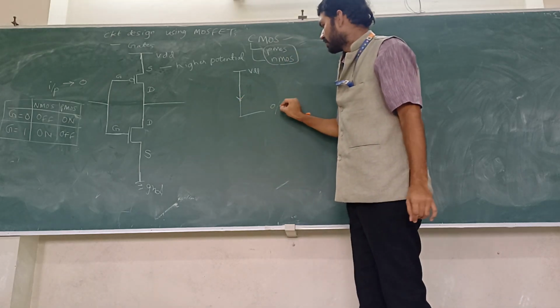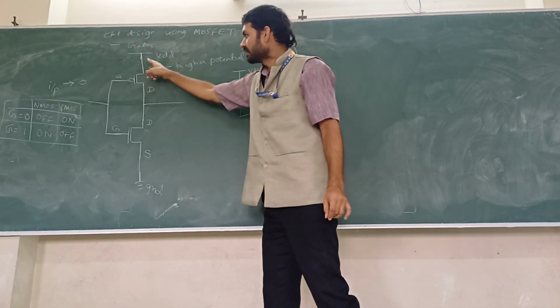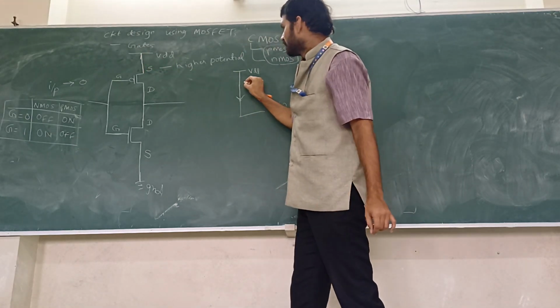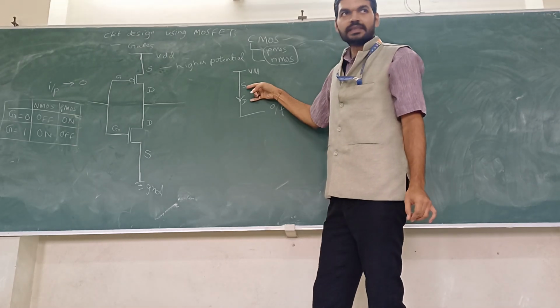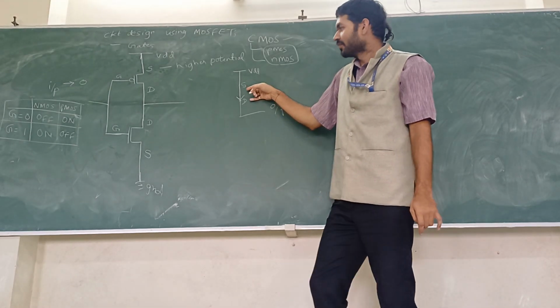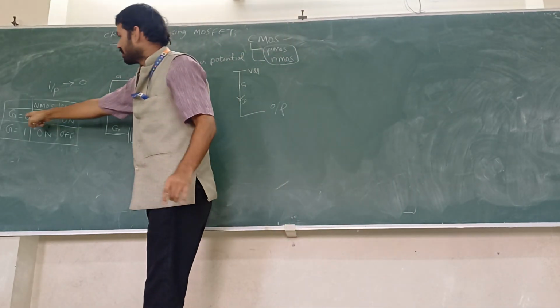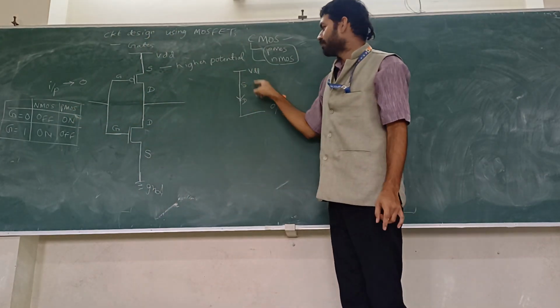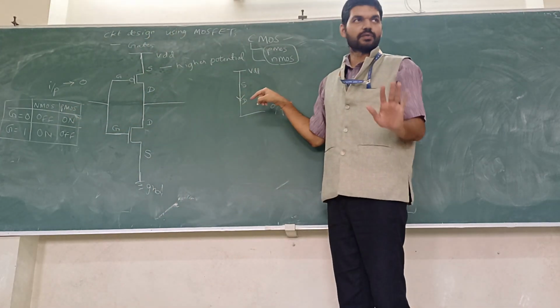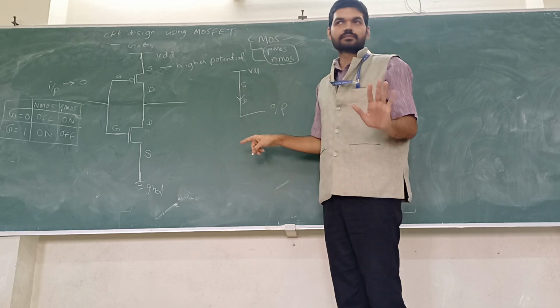This is the output. This is the source, this is the drain of PMOS, acting like a switch. When gate is given 0, PMOS is on, therefore I have represented PMOS with a closed switch. It is on, current is flowing.